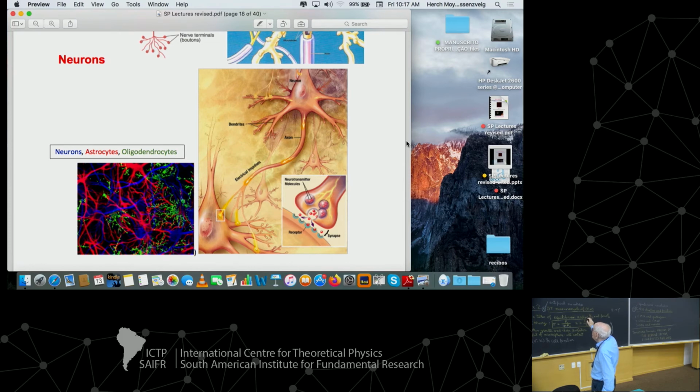And these neurotransmitter molecules are expelled when the vesicle, say, breaks, and then they reach receptors on the other side. And that's how the electrical impulses are transmitted.